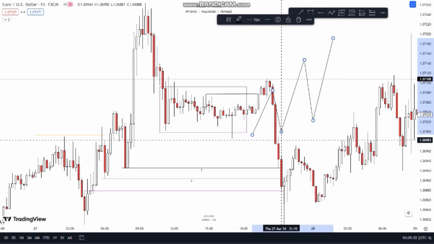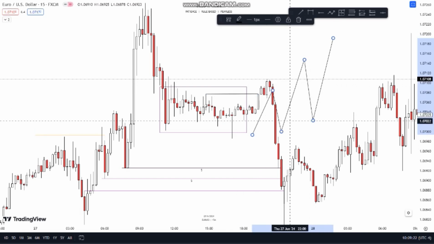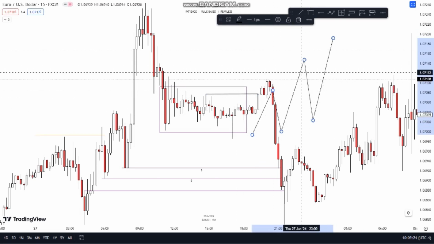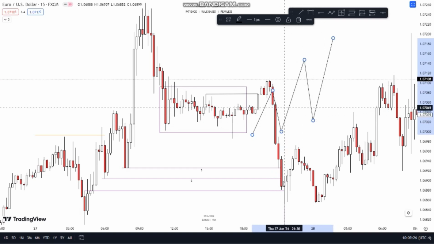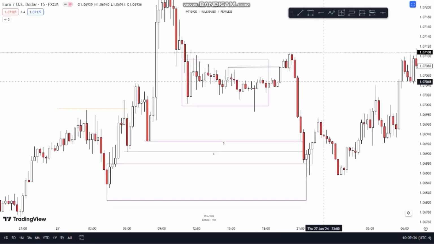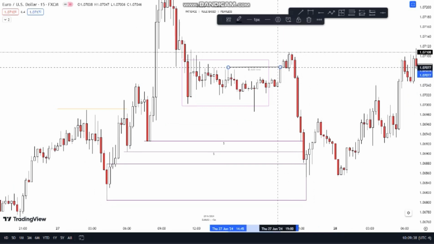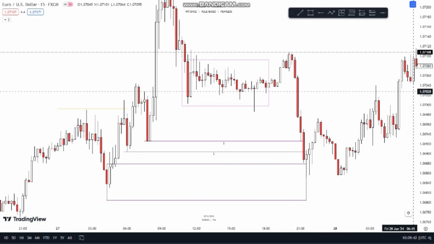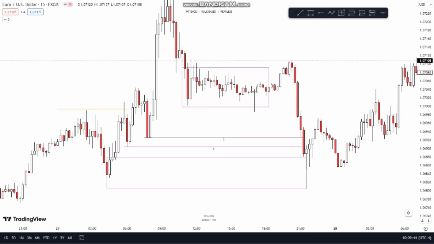After the first break, which is the change of character, you wait for the second break of structure, which confirms the trend change. That's how to enter a trade, guys. You need patience. One, second, you need to master market structure. You need to know swing points, how to mark out swing highs and lows.